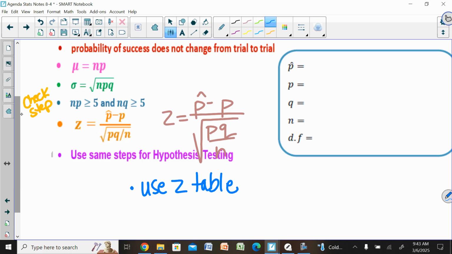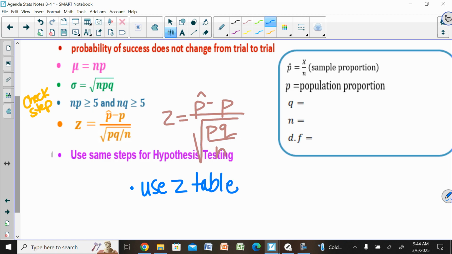So let's go over here to our symbols. So p hat, remember, is our sample proportion. If we need to calculate it, we do our x over n. X is the number of items that are what we're looking for, are favorable. N is our sample size or our possible.